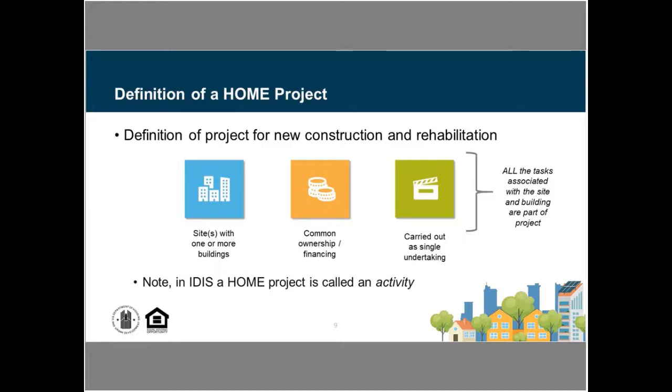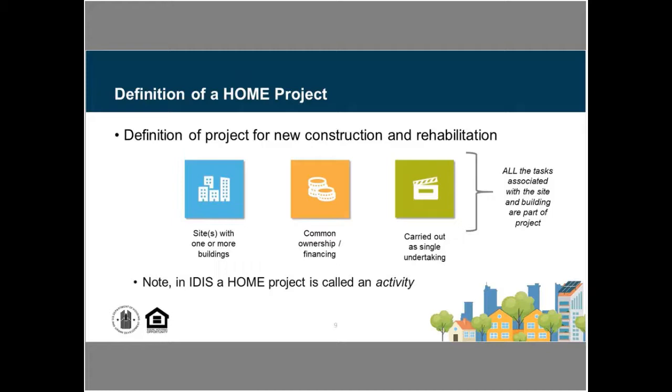So for instance, let's say I was doing rental development and I had a phase 1 and phase 2. It might be on the same site, it might have the same ownership, but if it is funded in 2 different awards, 2 different commitments, so maybe they build the first portion on that site and then they come back for additional financing, those are going to be 2 separate projects.